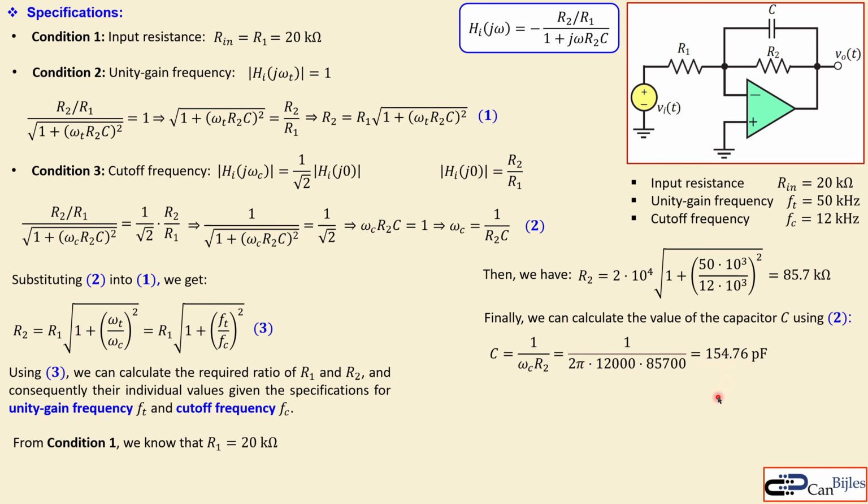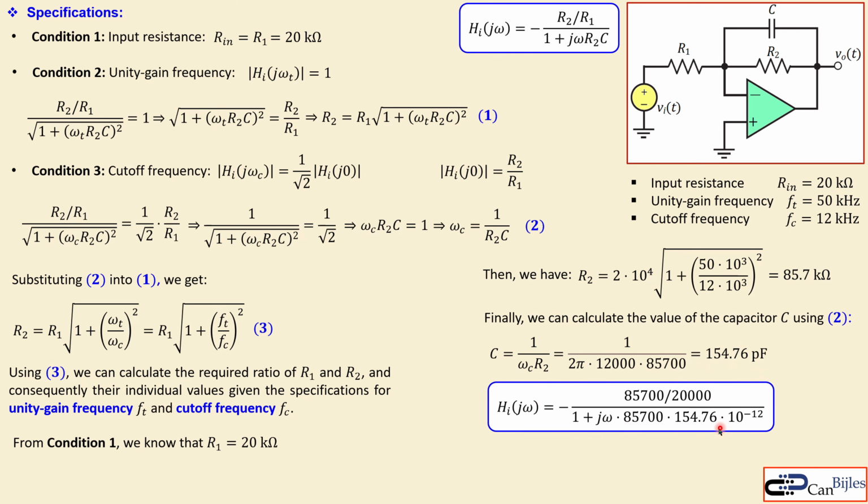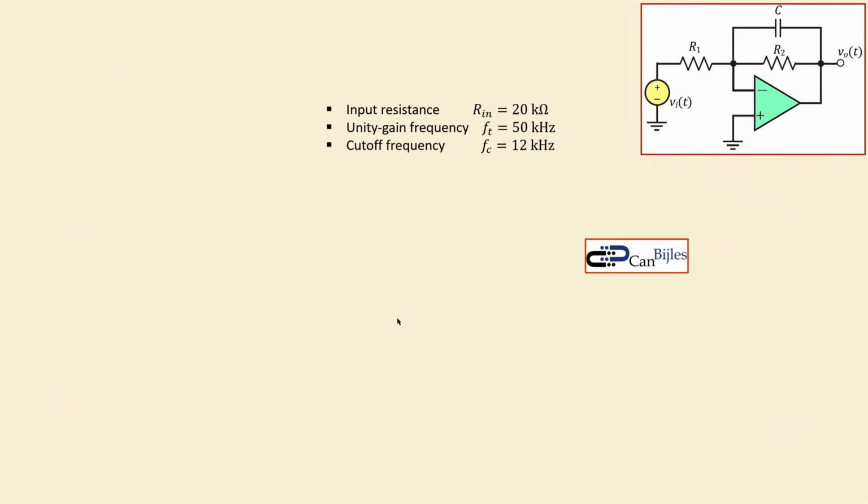So we have now all 3 components. Okay, and this is now the transfer function. If you substitute the values for R2, R1 and C, you can see that here, and when you simplify this, you get now this expression. Again, remember we have a minus sign because there is an inverting action in this circuit.